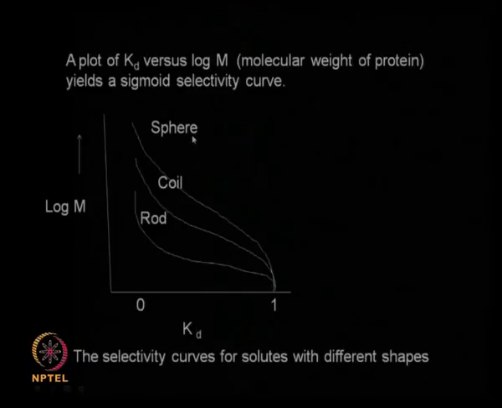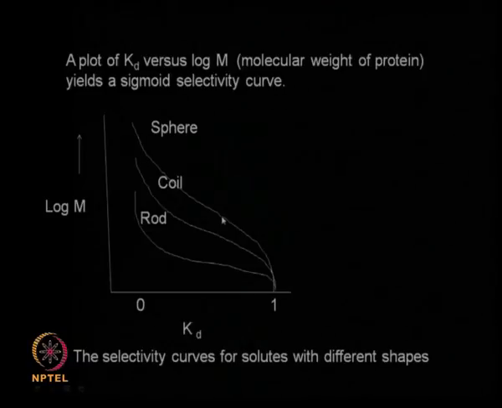If you have a spherical shaped material, the logarithm of molecular weight and Kd will appear like this, whereas if your protein is like a coil, then it will appear like this. If it is like a rod, that means one of the dimensions is much smaller whereas the other dimension is very large, then you are going to have a relationship of this form. So the logarithm of M versus Kd will appear like this.